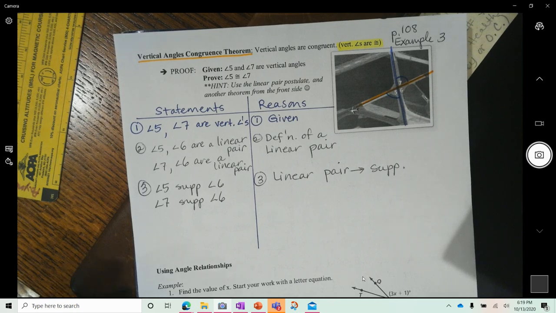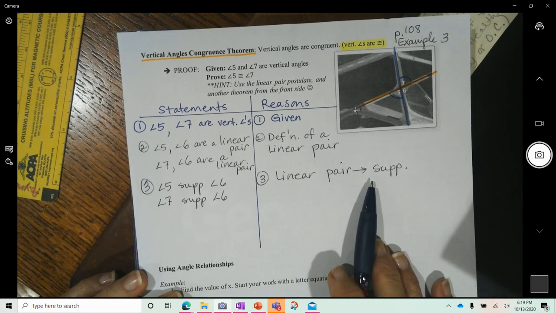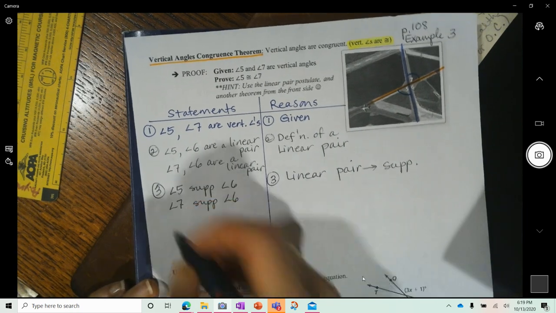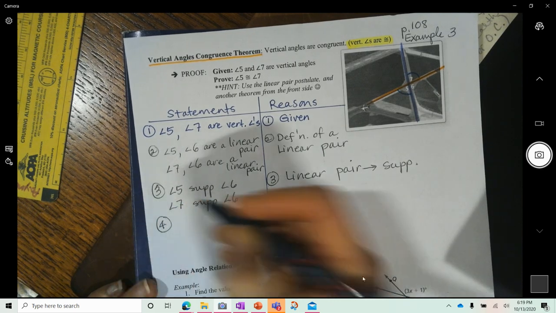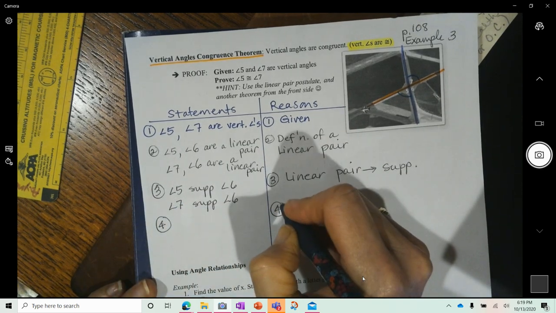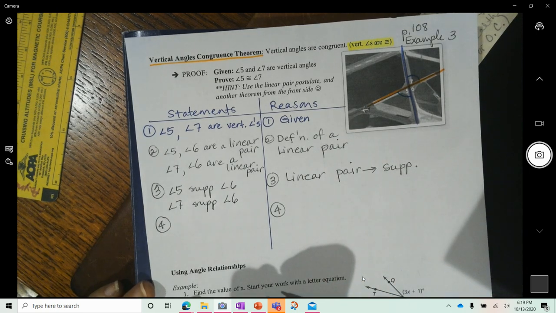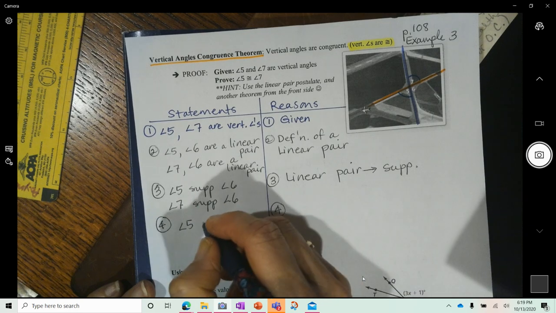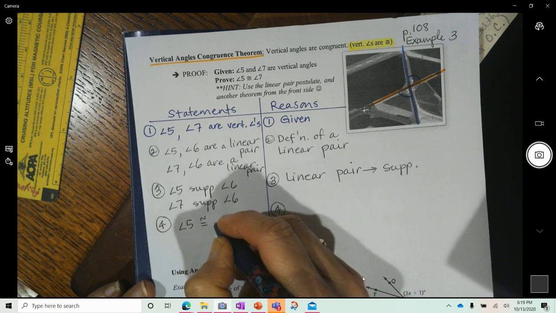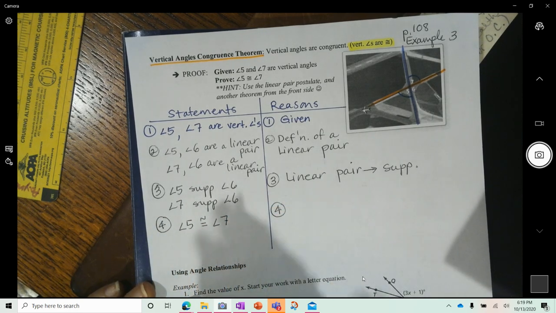Isn't that nice? Because once we have that, then all we have to say right here is that angle 5 is congruent to angle 7.